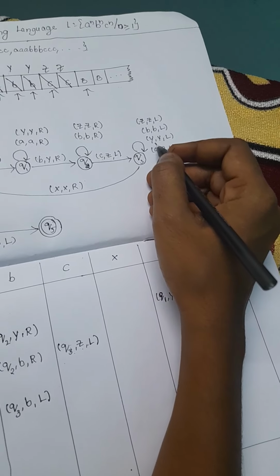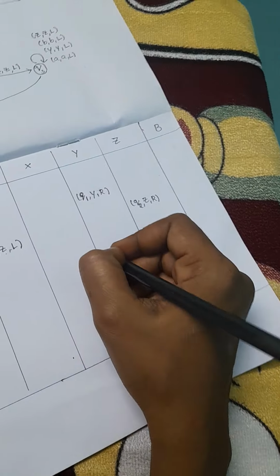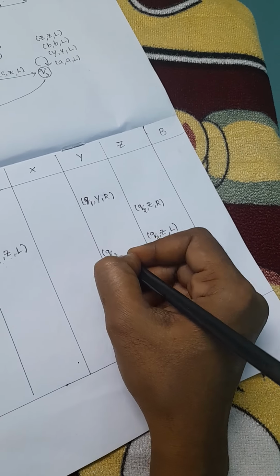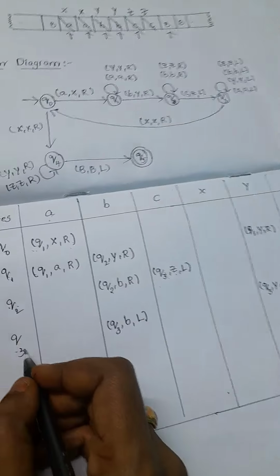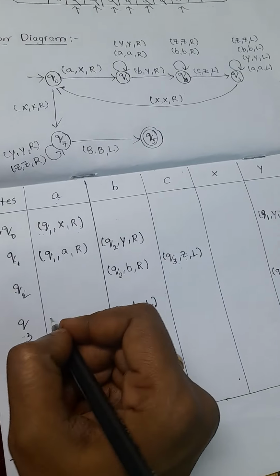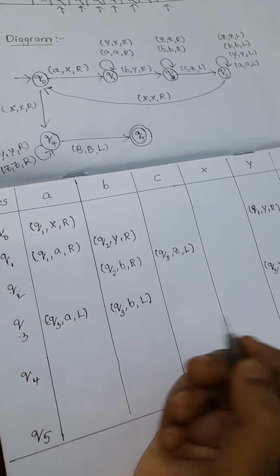And again here we are having Y self loop. From Q3, Y self loop. Q3 remains Q3 only, Y remains Y only, we need to move left. And here we are having A self loop. Q3 state A self loop. Q3 remains Q3 only, A remains A only, we need to move left.